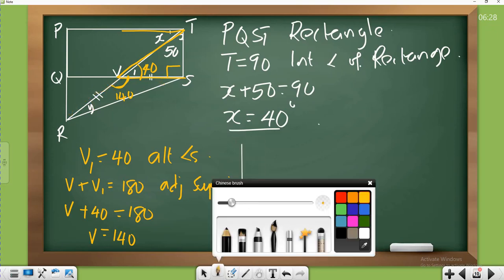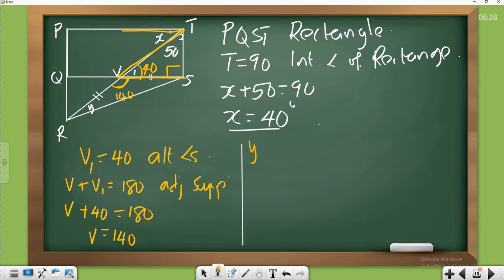Now let's work that out. Angle VSR is equal to y. So we're talking about that small angle there. Angles opposite equal sides.